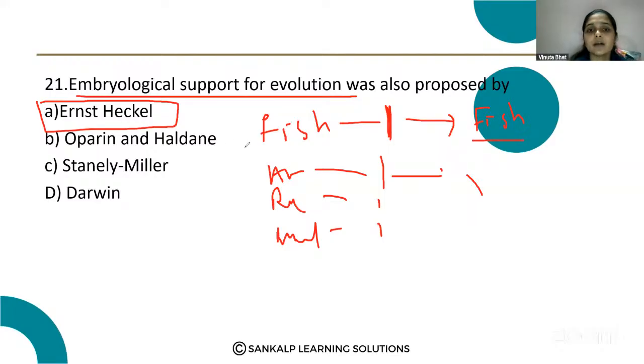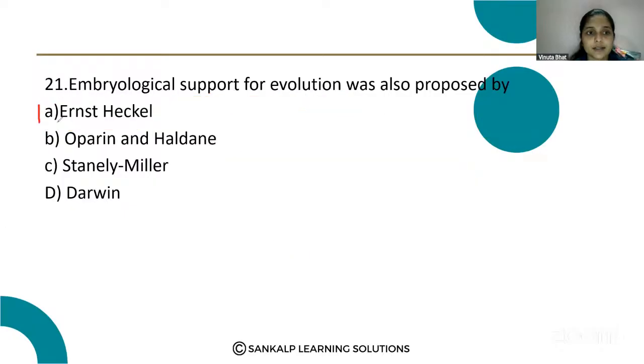According to him, all the higher complex organisms developed from the basic one, for example from fish the remaining organisms developed. That is the embryological support for evolution. Option A is the correct one, Ernest Haeckel.